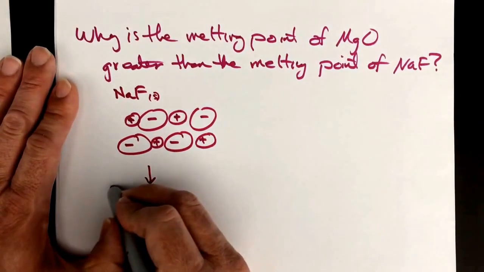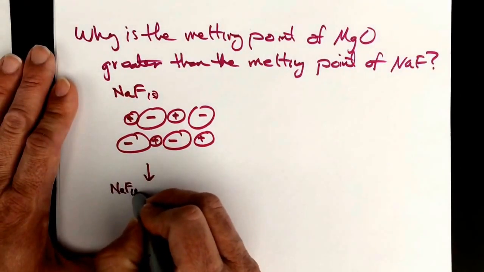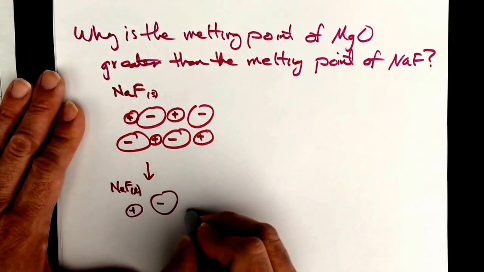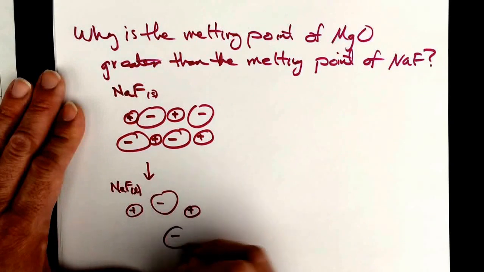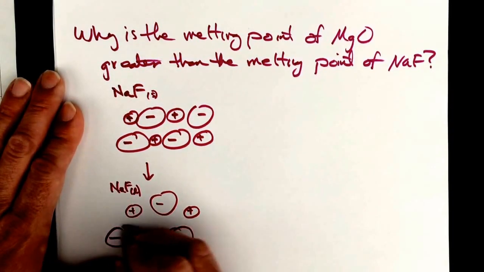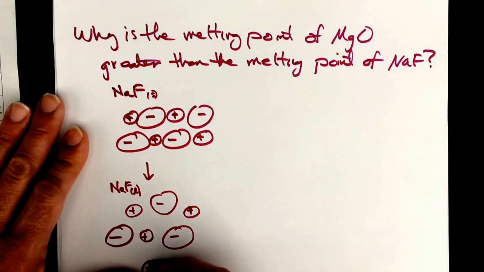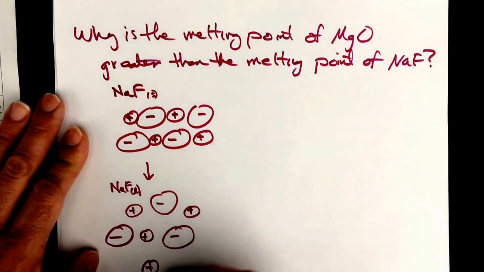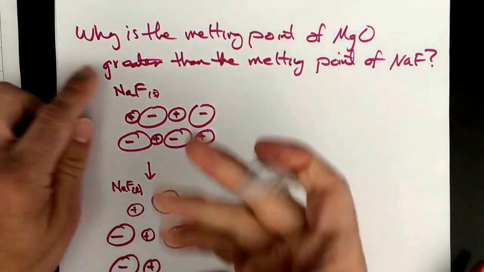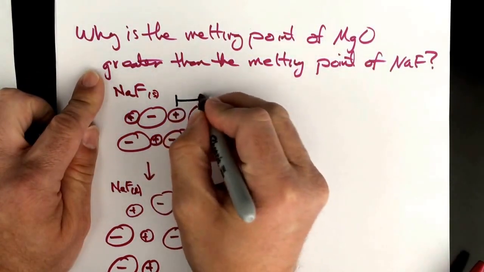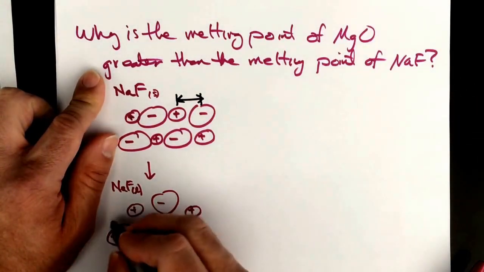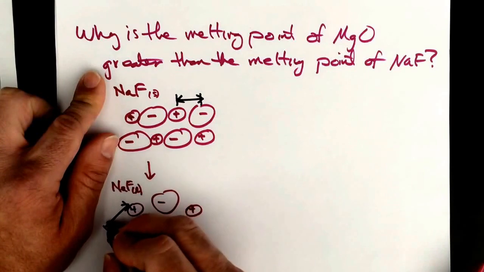When it melts into sodium fluoride liquid, the distance between the ions increases, and we lose that structure that we had from the lattice. And what this overall does is it increases the distance between the positive and negative ions.